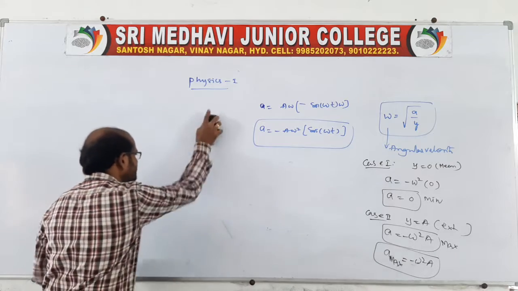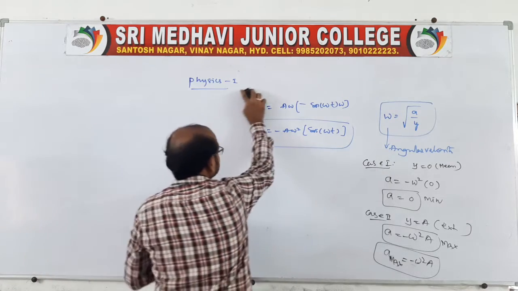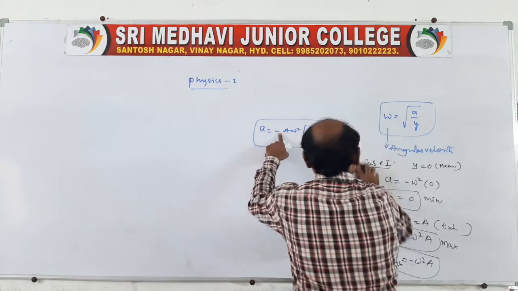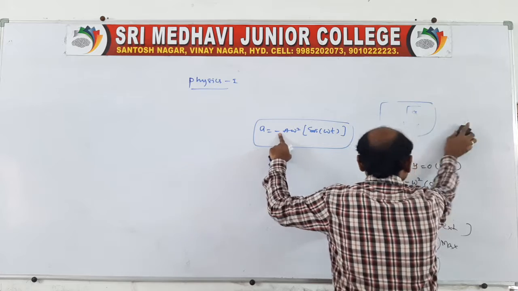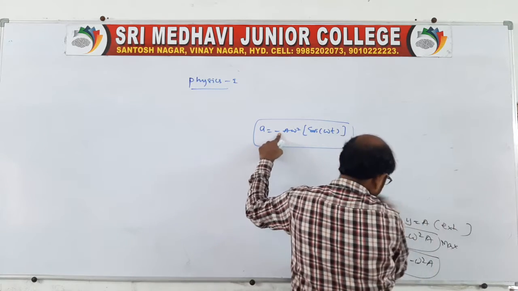When it is represented in sine, the particle started from the mean position. But here it is given as minus, which means the graph is represented in the negative. I'll show you.